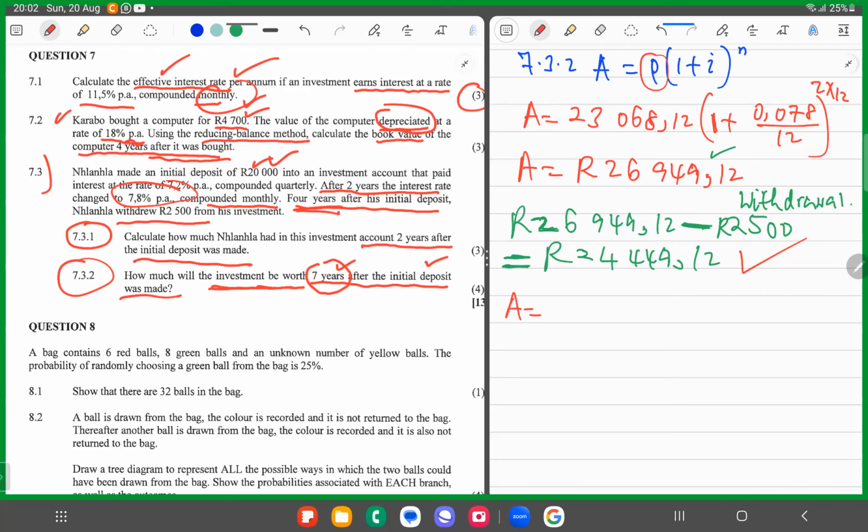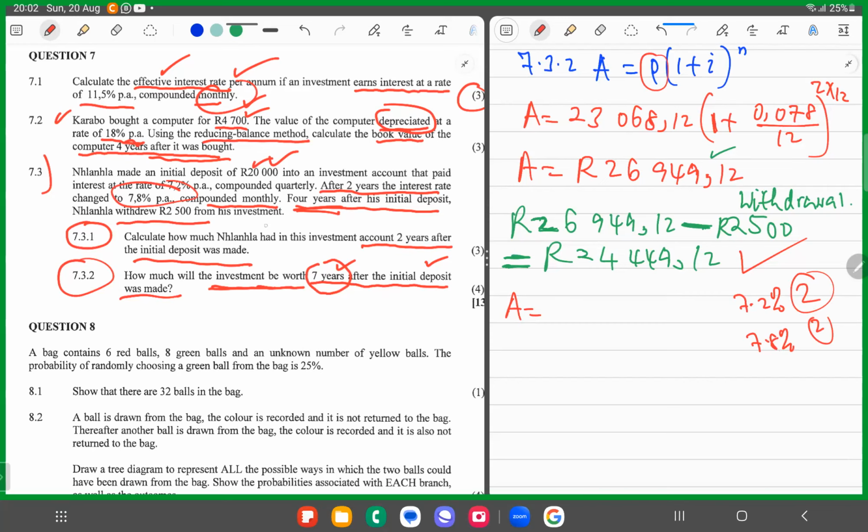so it is 2 years from the beginning, another 2 years. 2 years when the interest rate was 7.2%, and then another 2 years when it was 7.8%.